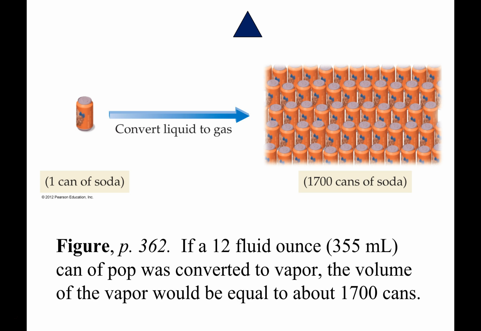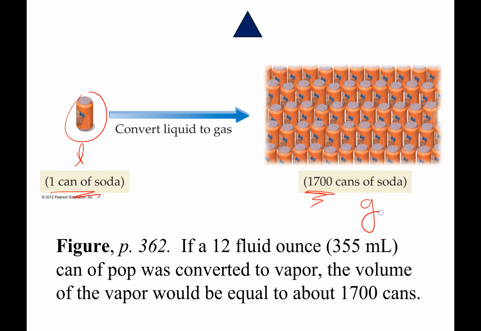Yeah, so what this is saying is, now this is kind of strange. Of course, you would tell me that your pop is a liquid, right? If you were to take all the liquid particles and convert them to a gas, 1 can of soda, at normal atmospheric temperature and pressure, would be equal to 1,700 cans of gaseous pop.